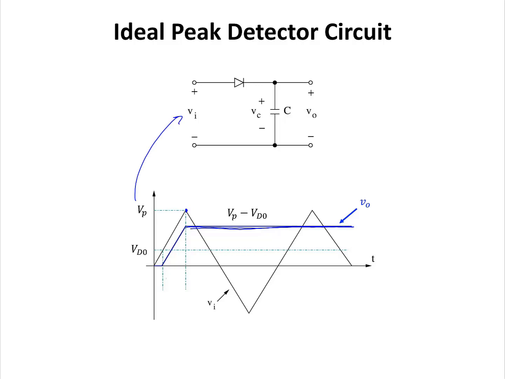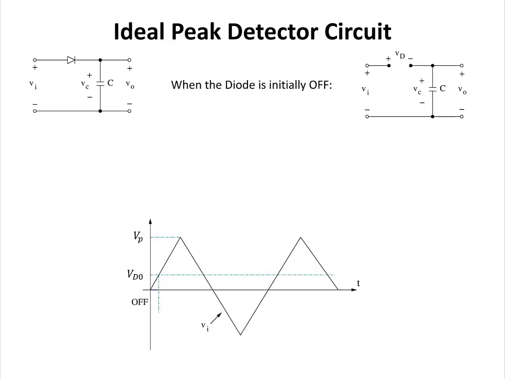Let's analyze this circuit. First, let's take a look at the case when the diode is off. We're going to assume that the initial voltage across the capacitor is equal to 0. So labeling the voltage across the diode Vd and Id. Considering this node as a reference node, this is Vc, this node is equal to Vi.